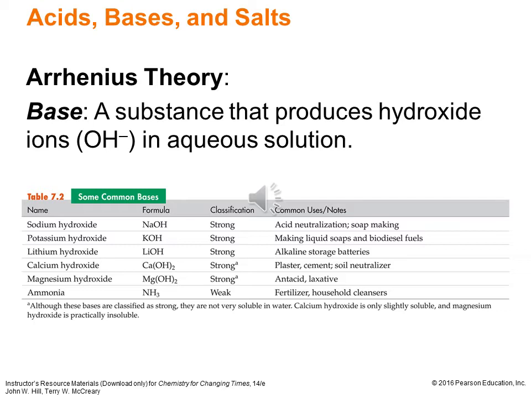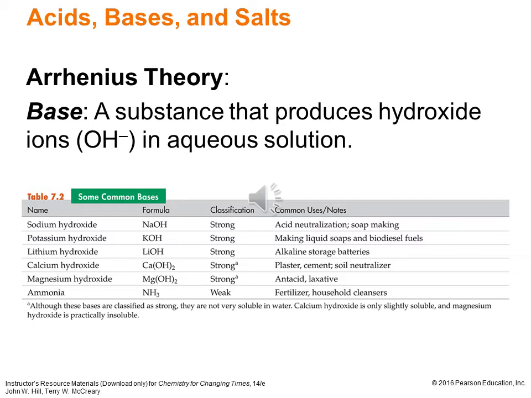So if we look here, we've got a number of common substances. We've got the sodium hydroxide and potassium hydroxide. They're both called lye in everyday speak, and either one could be used in a drain cleaner like we saw a couple slides ago. You've got lithium hydroxide used in alkaline storage batteries, and then calcium hydroxide, very important to the cement industry.